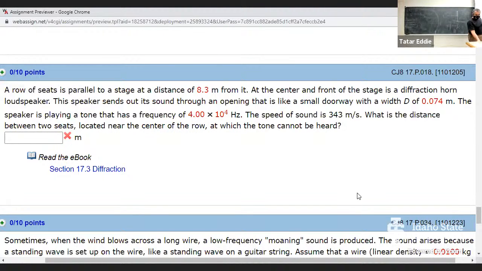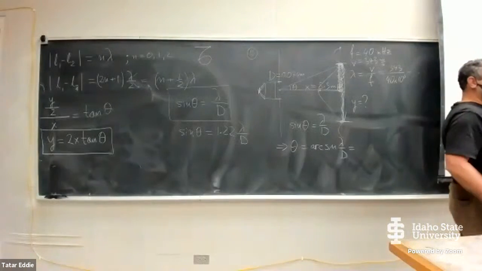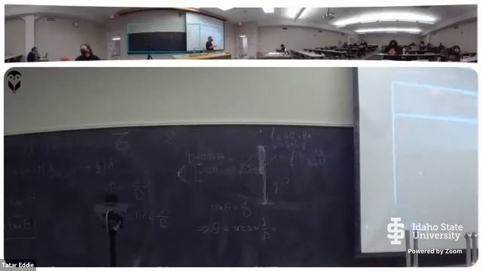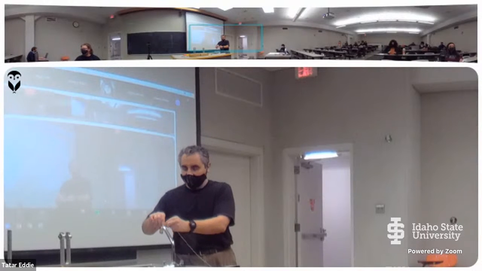Here is the standing wave section, and it is one particular application of interference of waves on a string, transverse waves on a string, just like the violin and all other string instruments.